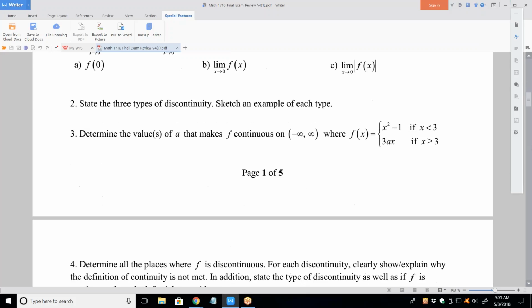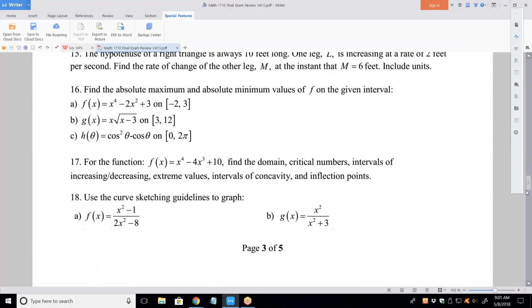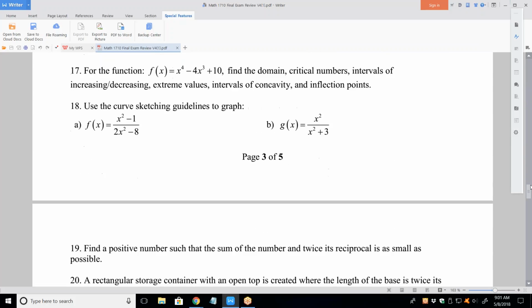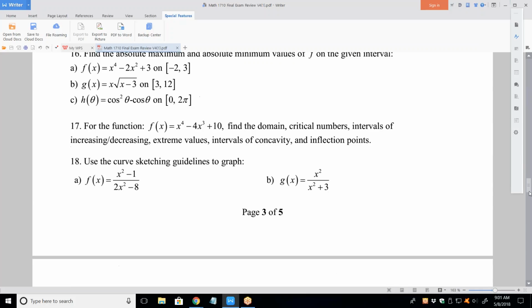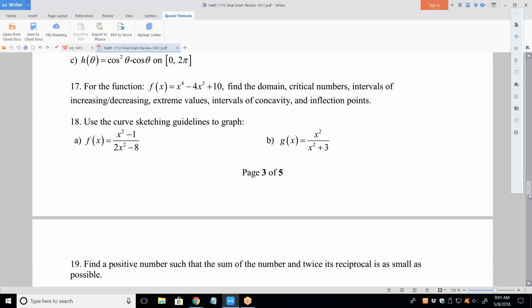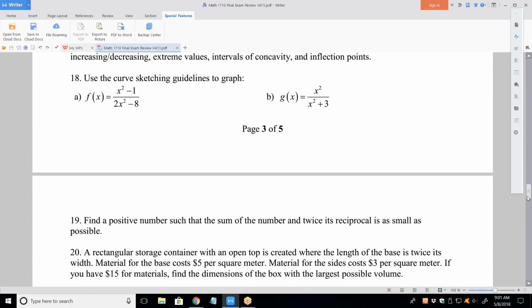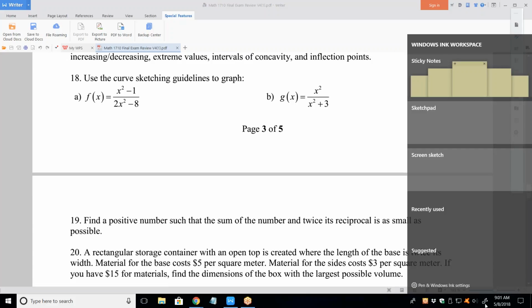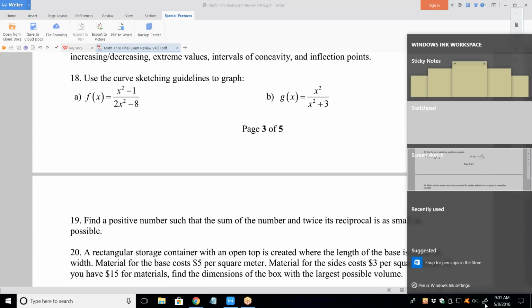18. Okay. What's the first thing we should do to try to sketch A?